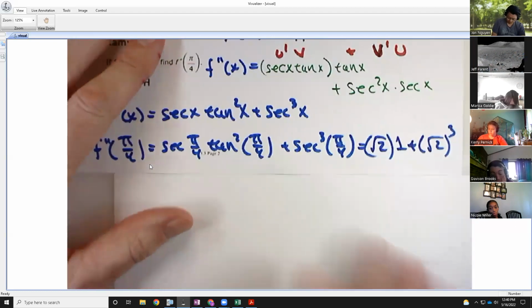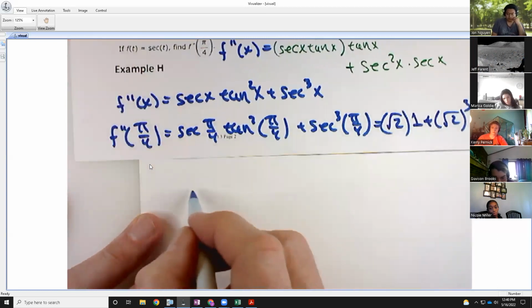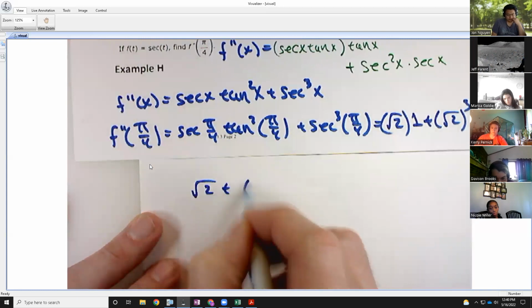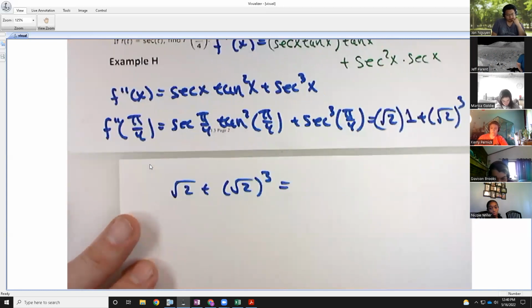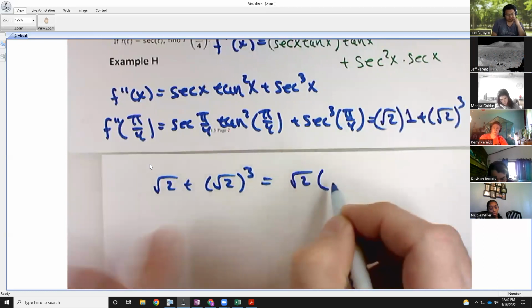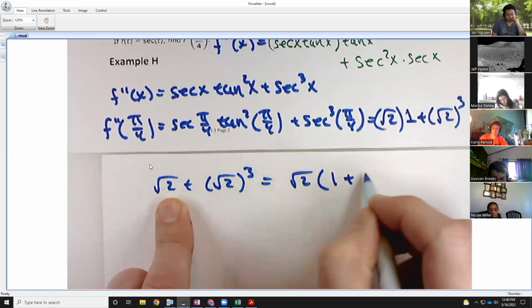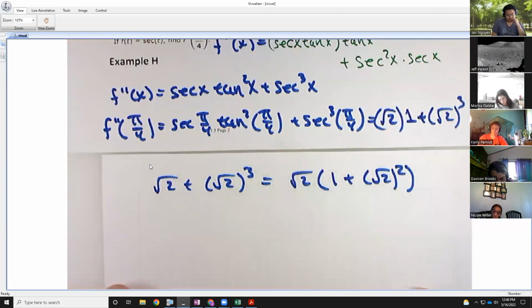Now, I'm not going to necessarily always expect you to get every last little thing here. If you got square root of 2 plus square root of 2 cubed, I'd probably give you full credit. But if you went a little farther and said, oh, well, there's a common factor of the square root of 2, and it leaves behind 1 plus square root of 2 squared, I hope that you can simplify it from here.